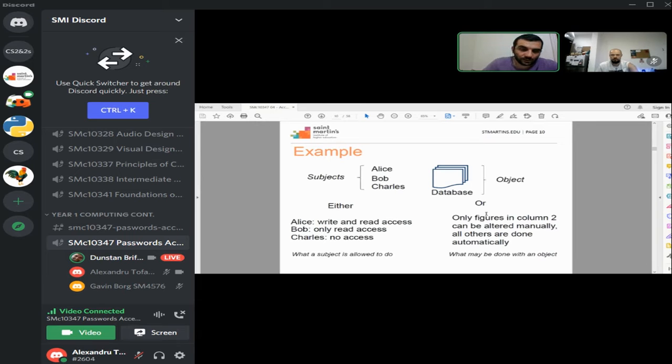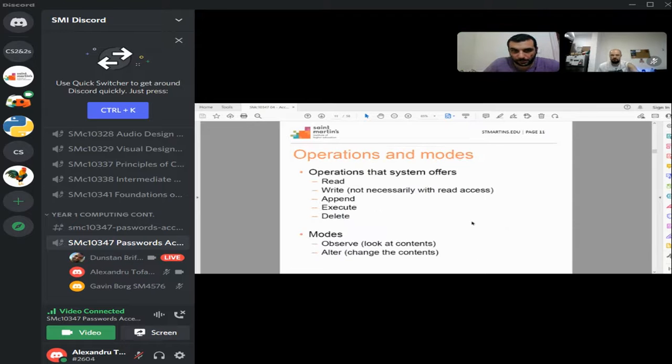They still give us the same thing, just from a different perspective. So here, you are telling what a subject is allowed to do, so certain subjects can read, others can write. Then what may be done with an object: here you are saying what can be altered for this object. It's just a question of the language being used.